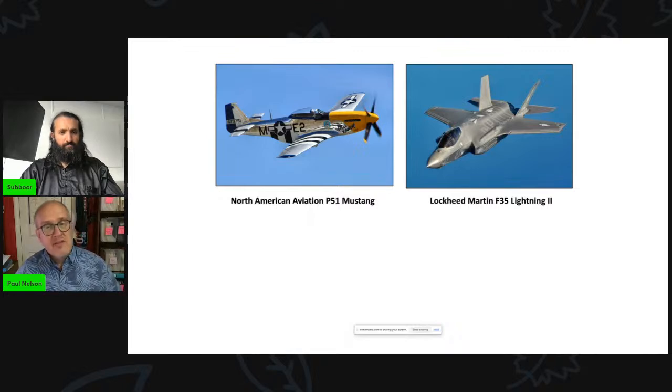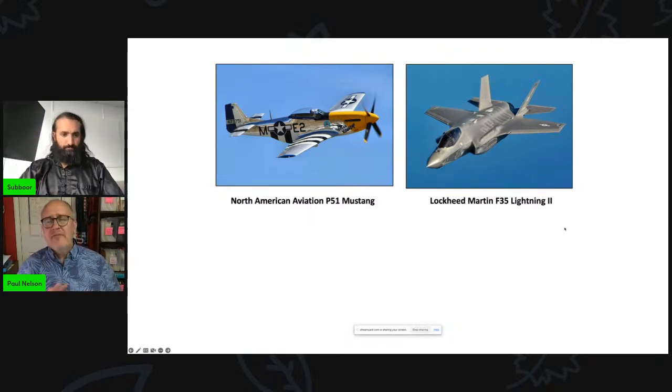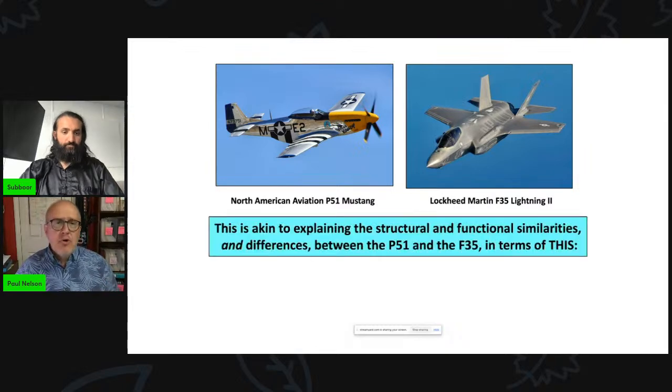They're both airplanes, but this one can go a whole lot faster than this one. F-35s have amazing abilities to basically stop in place and hover. They have directional thrust that allows them to do really miraculous things in the air. So they're both airplanes, but they're very different. How are you going to explain the similarities and differences between these two types of military aircraft?